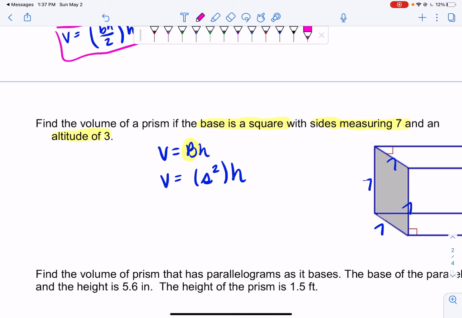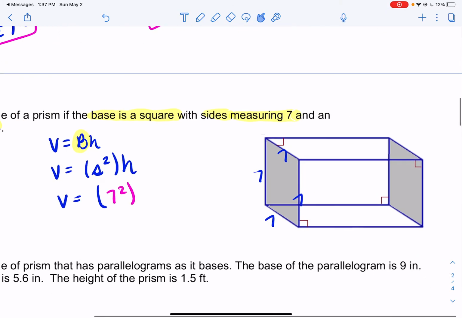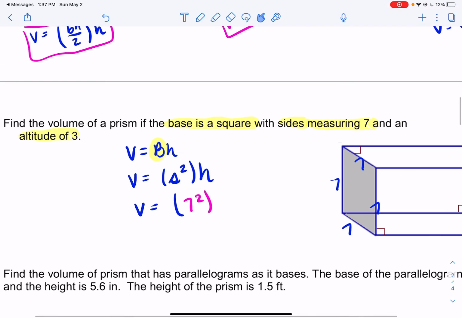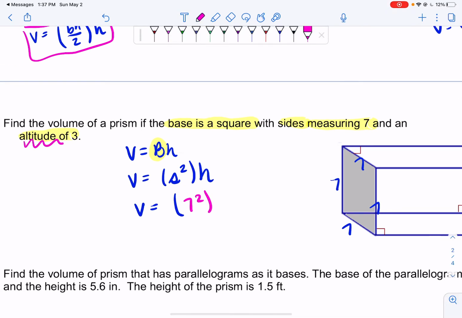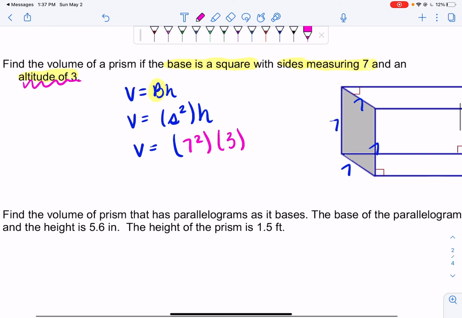Very good, it's 7. So my volume is equal to 7 squared times my height of 3. And when I type that into my calculator, what do I get? Very good, I get 147 units cubed.